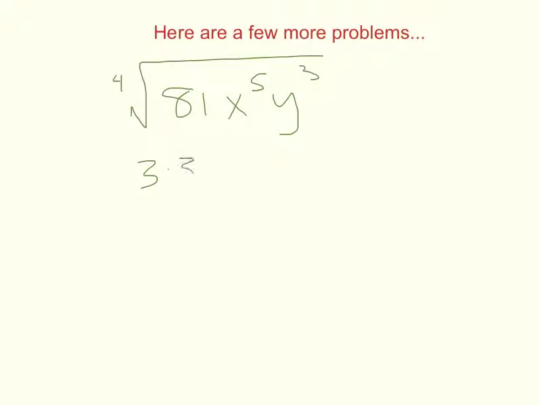So what happens when our answer isn't all clean and pretty like it has been for the last few problems? Well, if we've got 81 x to the 5th power, y to the 3rd power, all under the 4th root, we have to break it down. So 4 3's make up 81. There are 5 x's. And 3 y's.